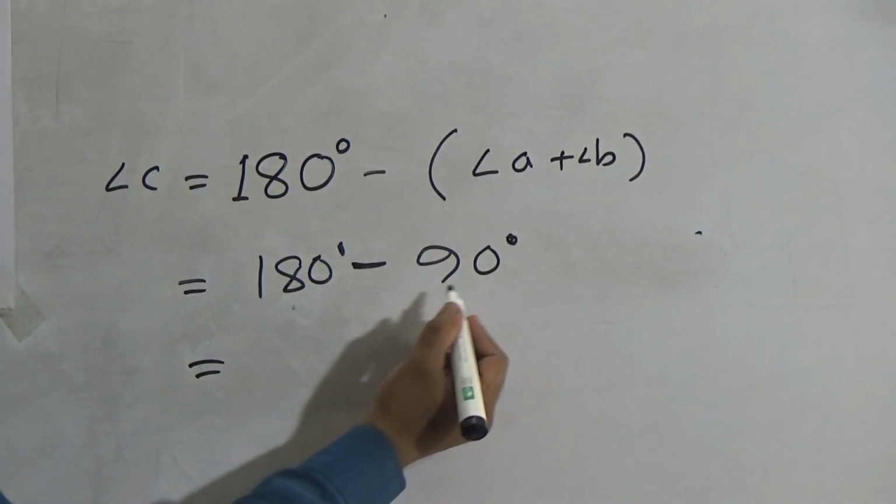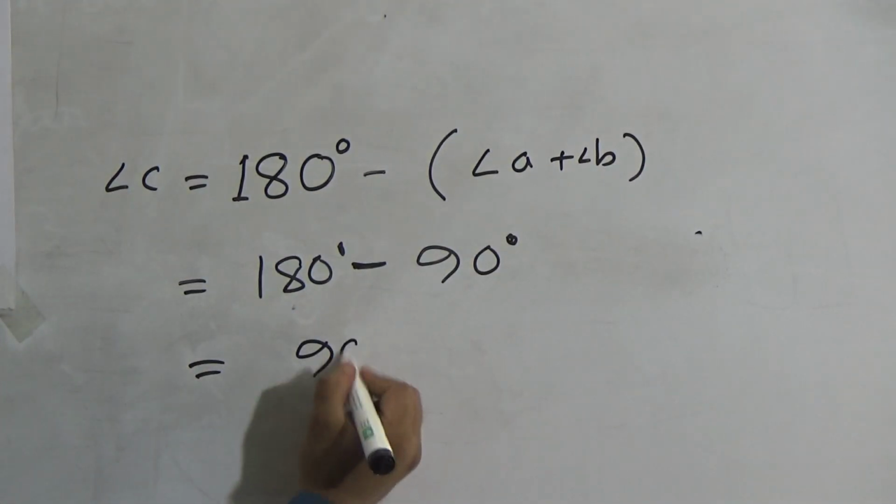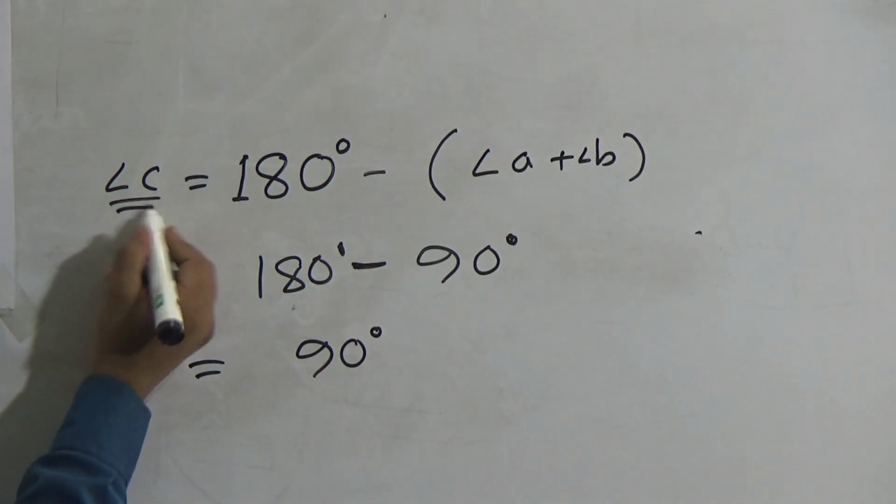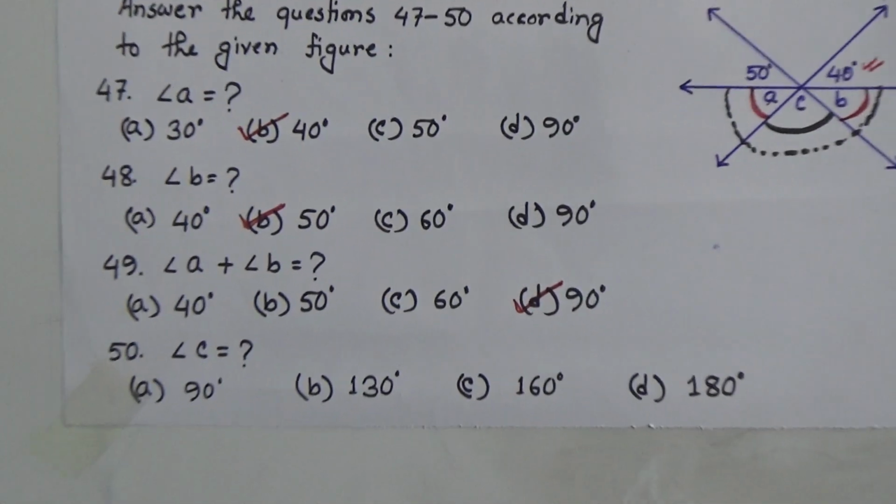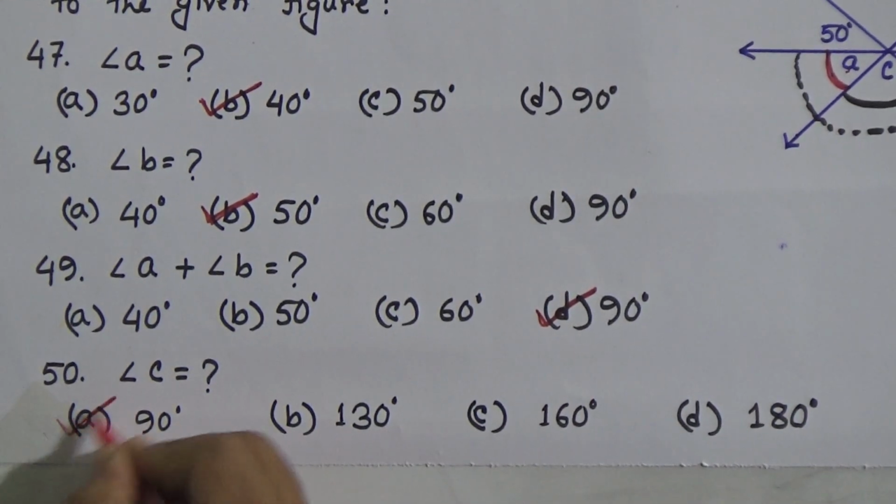Now subtract this 90 degrees from 180, it should be 90 degrees. That means angle C equals how much? Angle C equals 90 degrees. Our answer will be 90 degrees. So option A will be our correct answer.